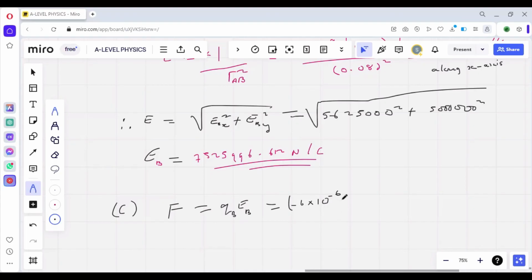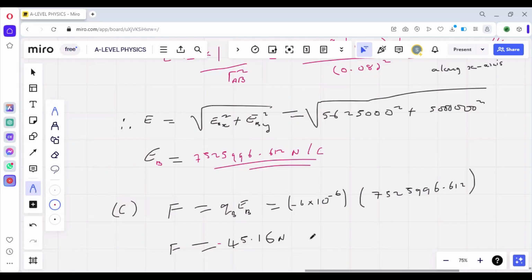Then the field that we have is 7,526,612. So let's see what this will give us. Please try to compute. This will give us negative 45.16 newtons.